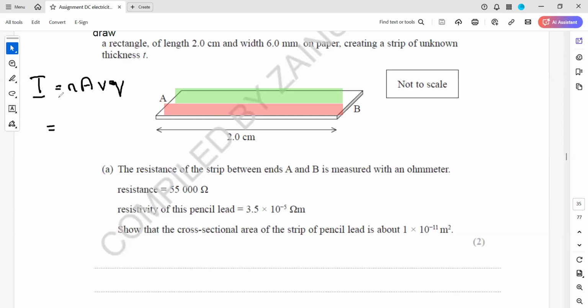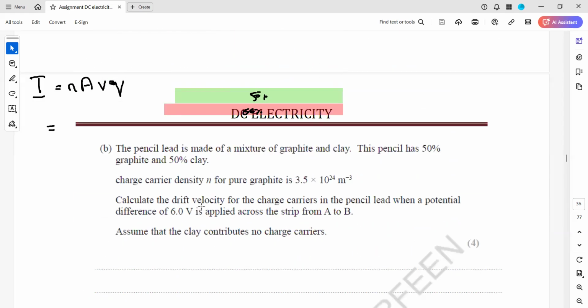In the question, they mention that 50% is there. So 50% of the total volume will be the charge carriers. Here they mention the charge density was 3.5 exponent 24.